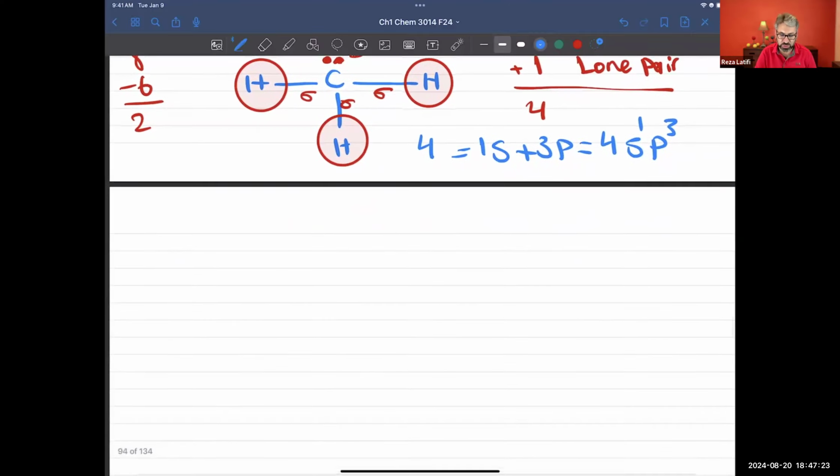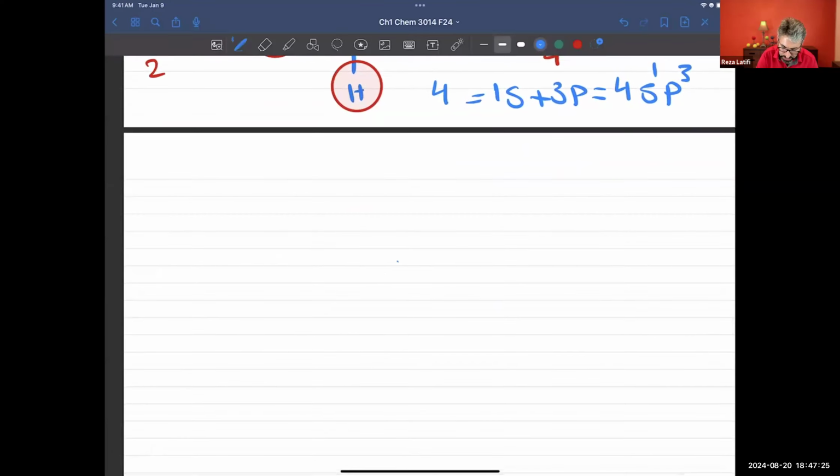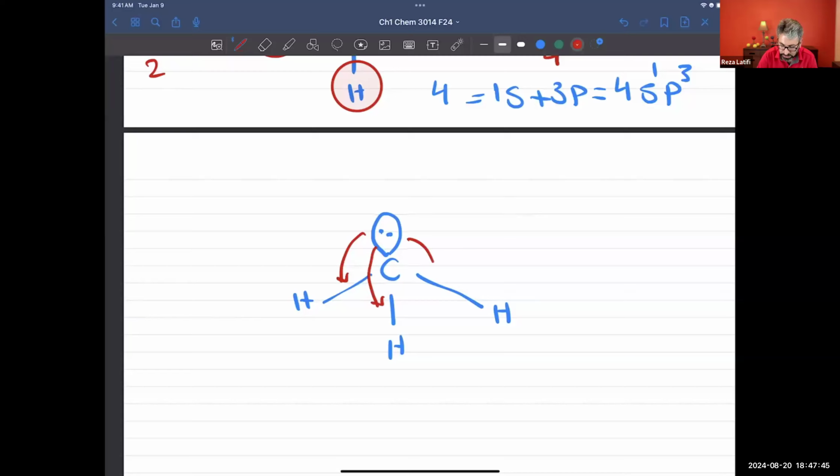Okay, let's show the central atom. Central atom here is attached to 3 hydrogens. And you have a lone pair here. Lone pair is going to push the bond pairs down because it requires more space.